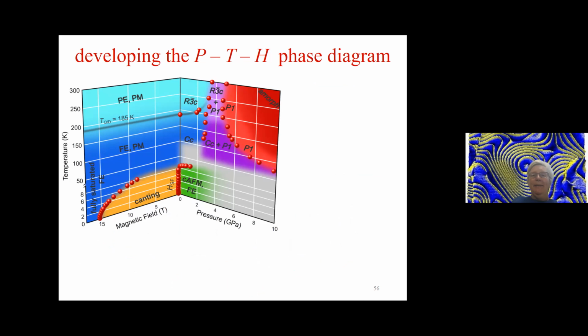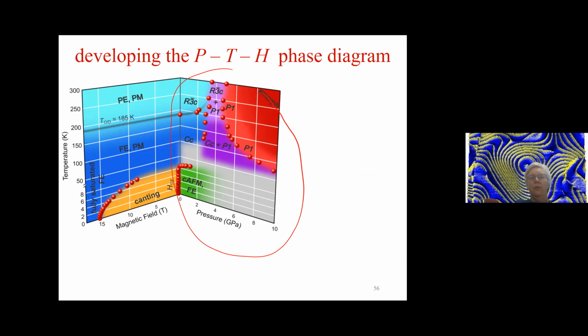Okay, and what I've really talked about here is this pressure temperature axis, but I've added on our magnetic field data just so that you could see how it all goes together.